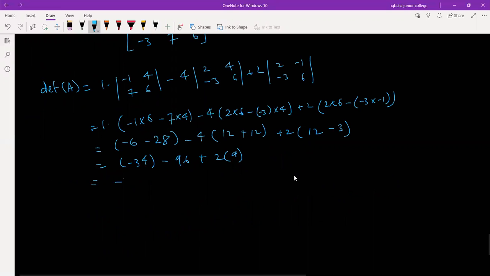So here minus 34 minus 96 plus 18. Just deduct the 18 from minus 34 minus 96.